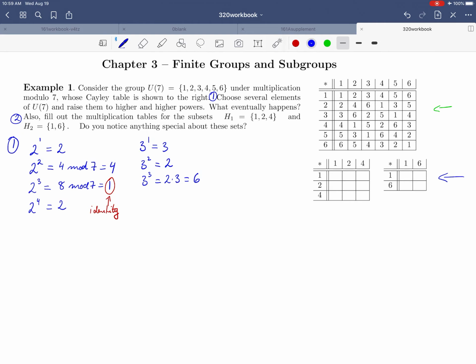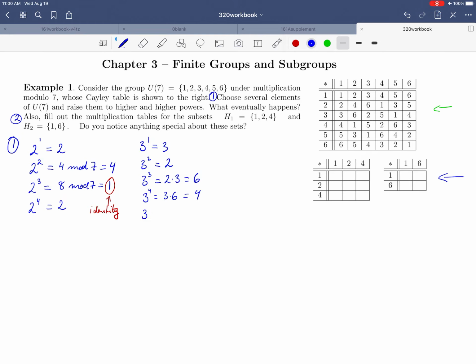Mod 7, still 6. What about 3 to the fourth? That is 3 times 3 cubed. 3 cubed was 6, and then we multiply by another 3, so that is 3 times 6, which is 18, but mod 7, that gives us 4.